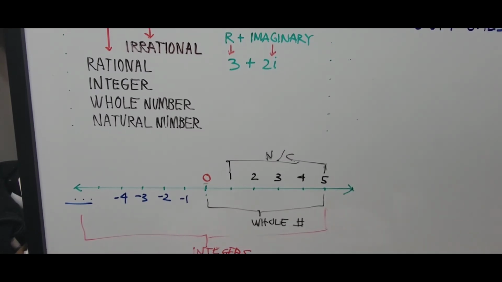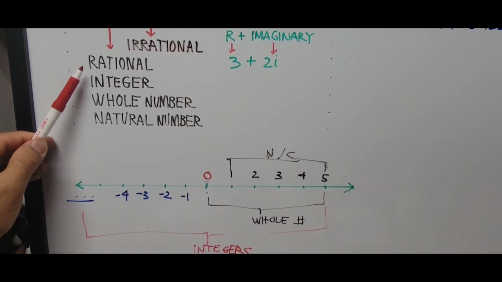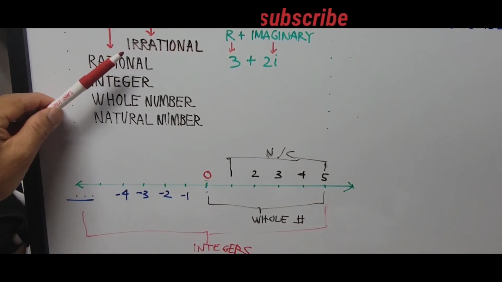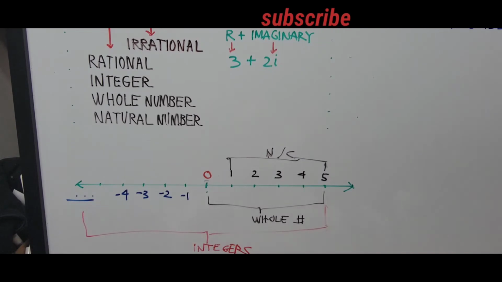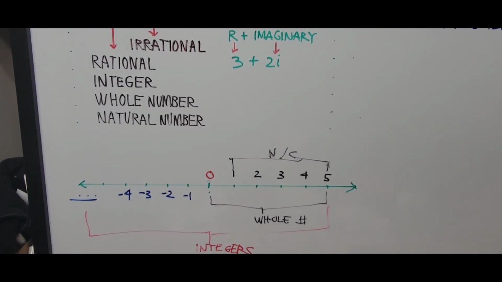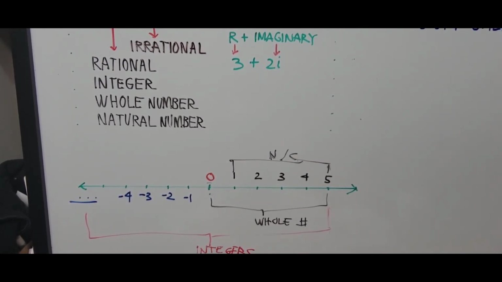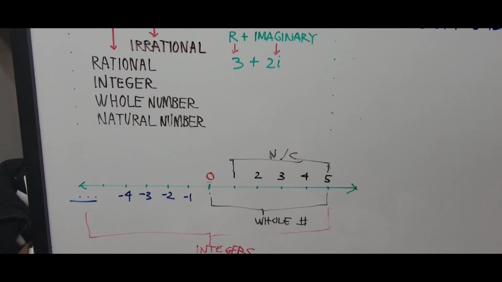You might be wondering, you may have a question in your mind, how about rational numbers and irrational numbers? Those are good questions. Rational numbers are numbers represented in fractions. So that means any of these numbers are rational numbers, since rational numbers are any integers represented in fractional form, from the word ratio.